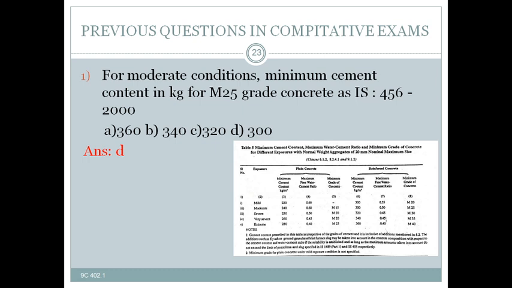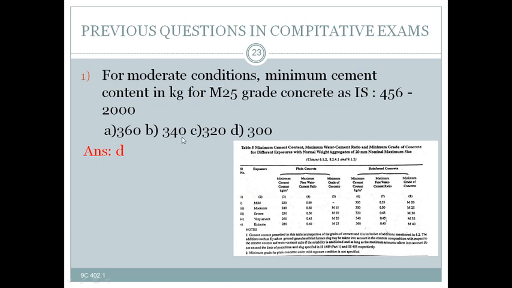The first question asked is: for moderate exposure condition, what is the minimum cement content in kg for M25 grade concrete as per IS 456-2000? To answer this question, you should know the codal provisions.